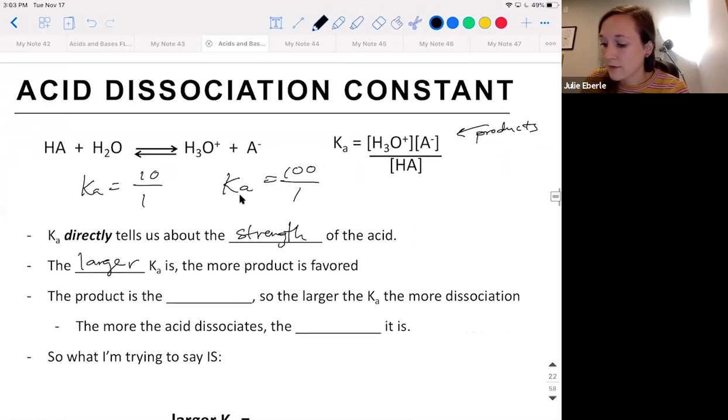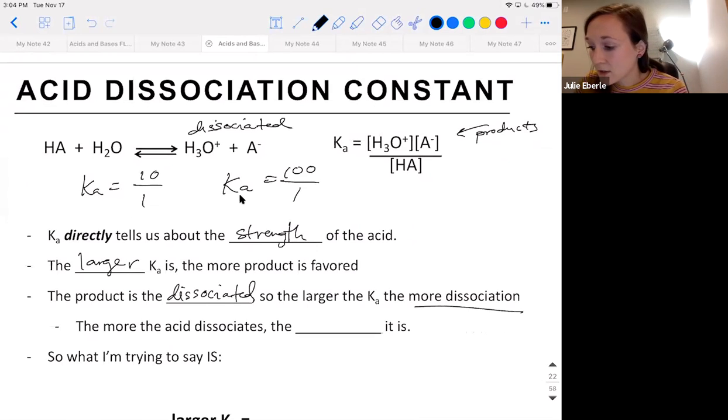And the product is the disassociated side. Those are the disassociated items. That's the side of the reaction that is how you see how the acid dissociated. So the larger Ka, the more the acid disassociated.